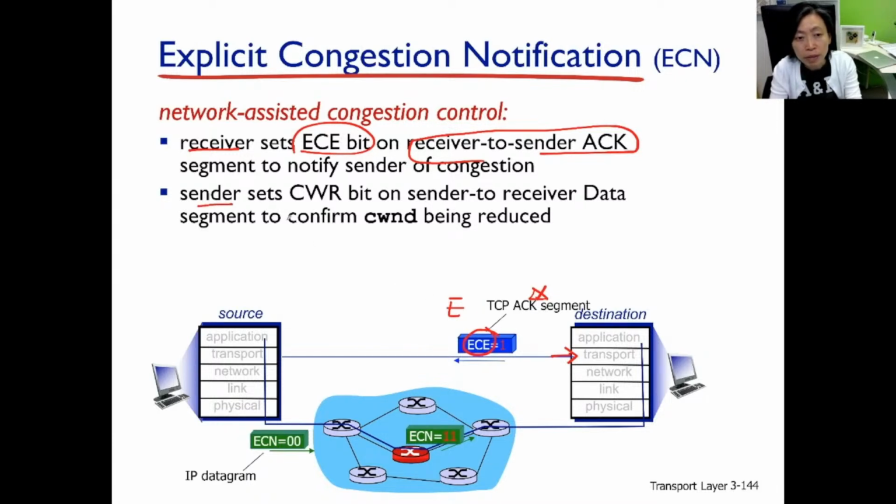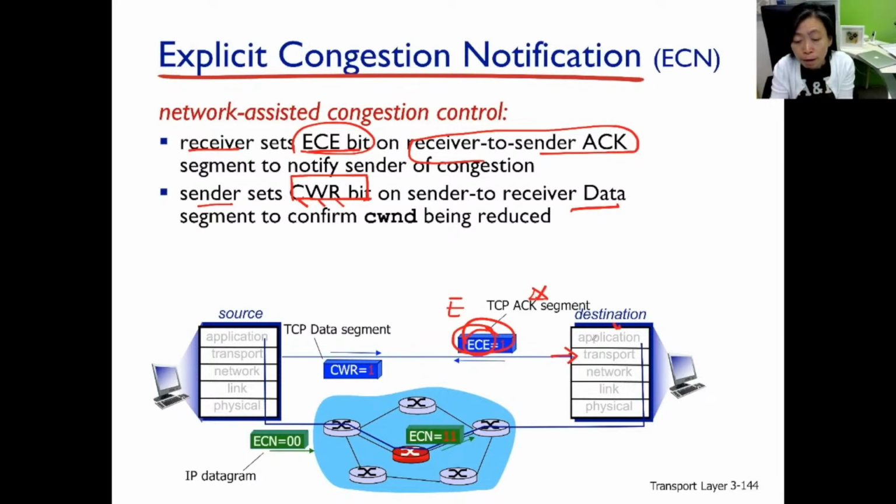The sender, upon receiving this ECE bit packet, will then send a data packet going back to the receiver. That packet is a little bit special because there's also a special bit being turned on, the CWR bit. This is the congestion window reduced bit. This is so that the receiver of the data knows that the notification was indeed received and the sender reduced the sending rate.